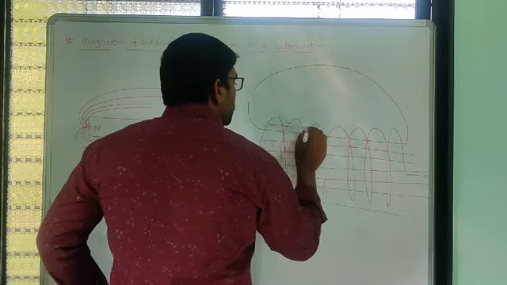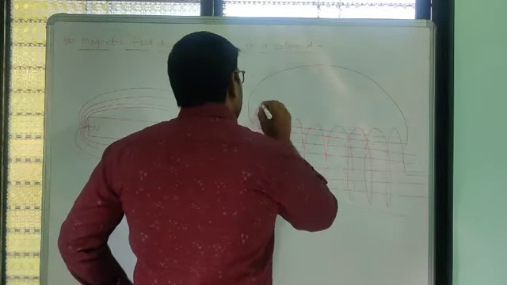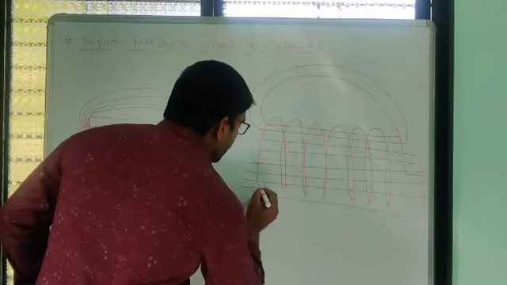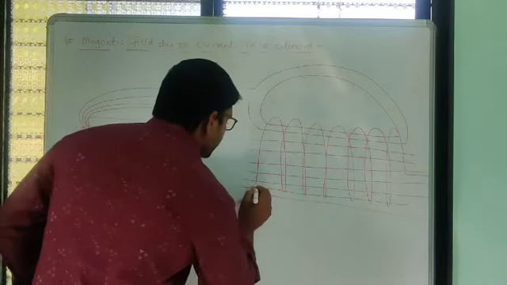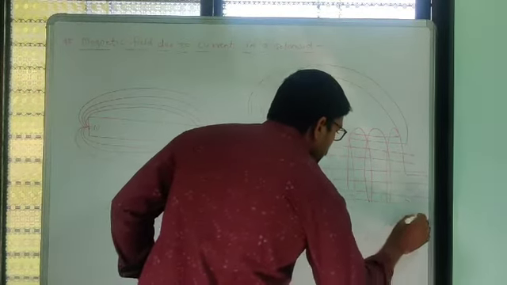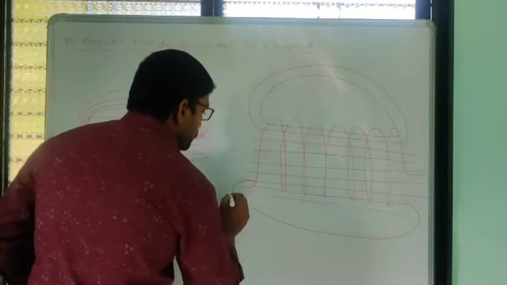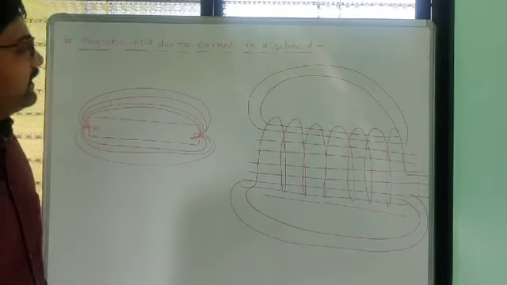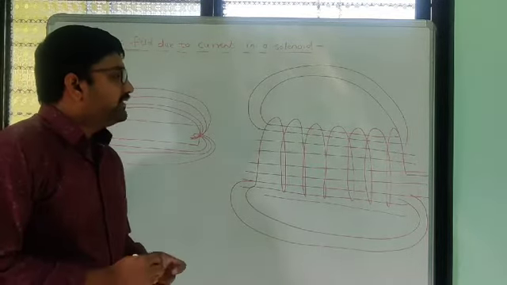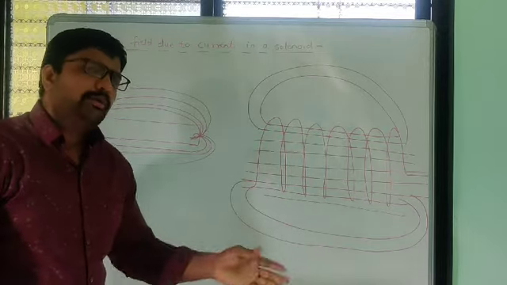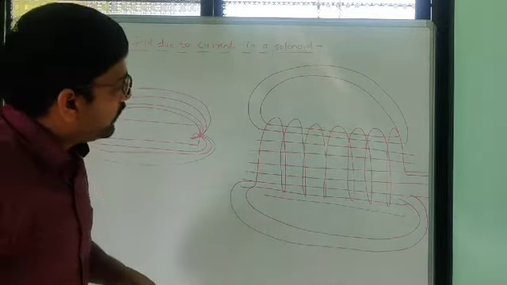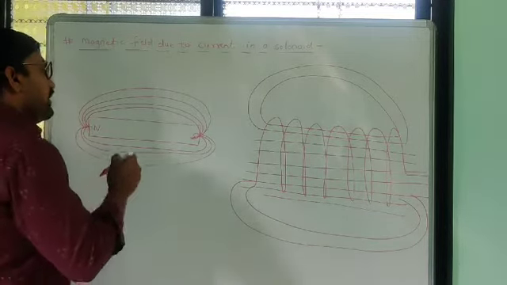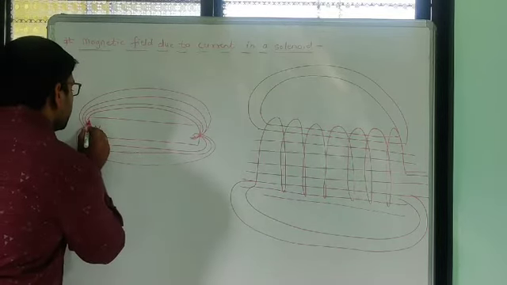These diagrams are given in the book, you have to see there. In this way we can represent the magnetic field passing through the solenoid, same as a bar magnet. Actually this diagram is not that accurate, but you have to see the diagram given in our book. In the case of the bar magnet, we also see a similar structure.